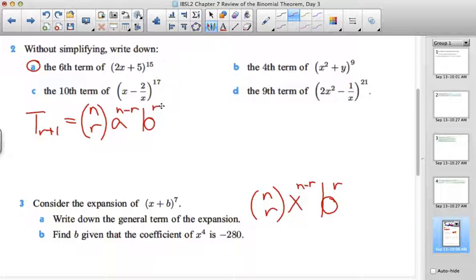So if we want the sixth term, n is 15, so 15 choose 5. R would be 5 in this case.